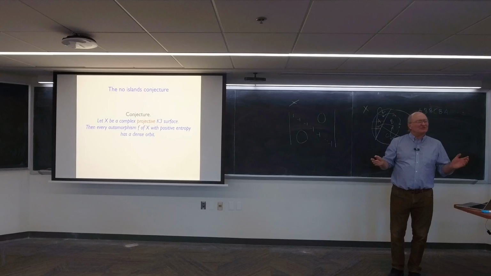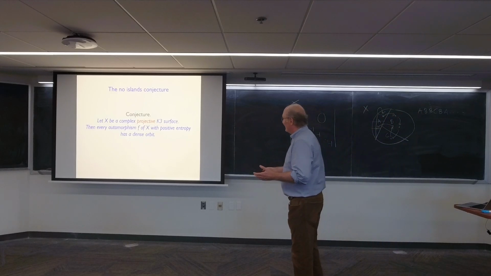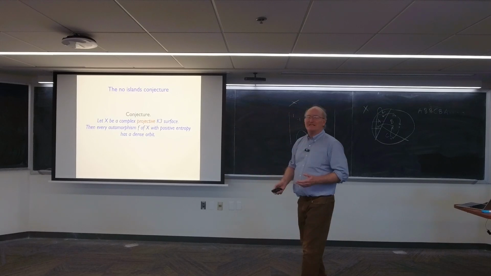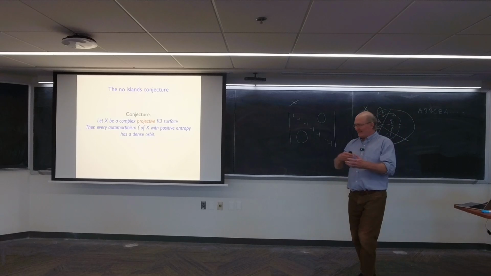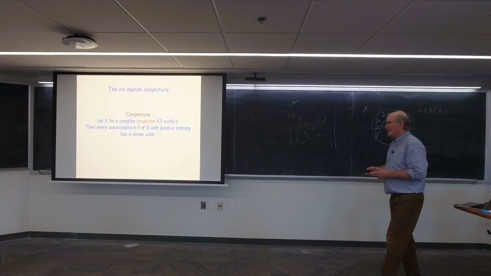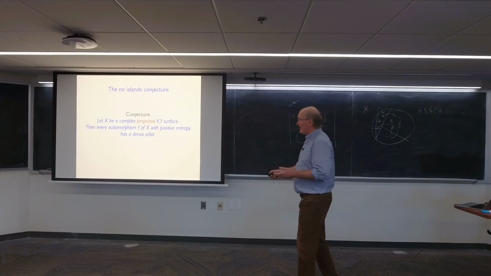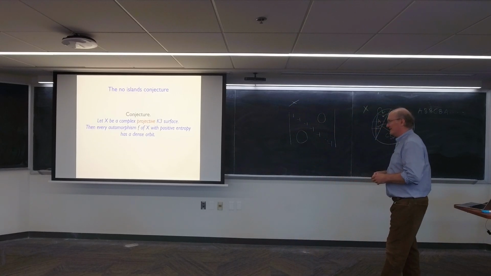Every time I've tried to find an actual complex example where I have positive entropy, I seem to have a dense orbit. Now, as I say, it's quite hard to even do a robust experiment proving density of an orbit on a 4-dimensional manifold. But this is one of the many absolutely fundamental conjectures that's open in this field.